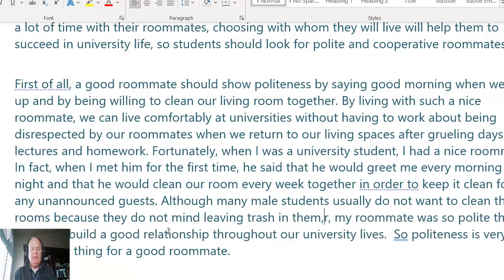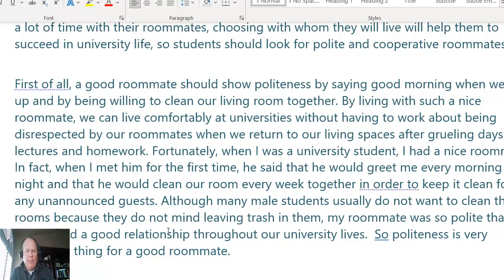And then we're combining these two sentences. Although many male students usually do not want to clean their rooms because they do not mind leaving trash in them, my roommate was so polite that we could build a good relationship throughout our university lives.